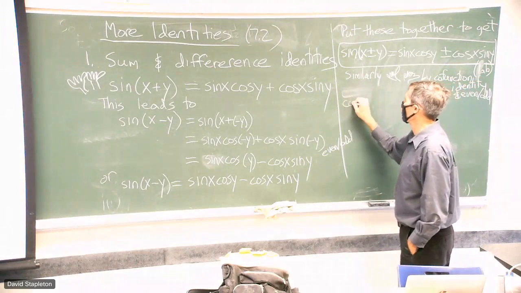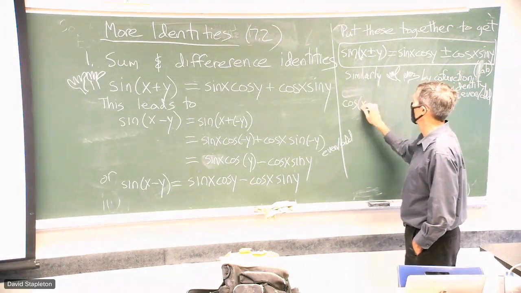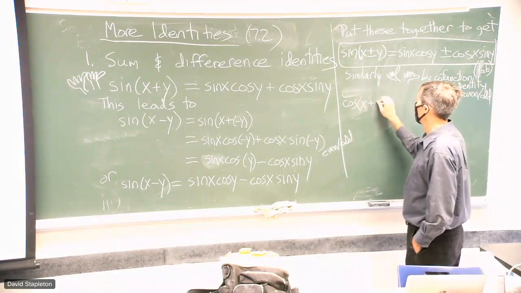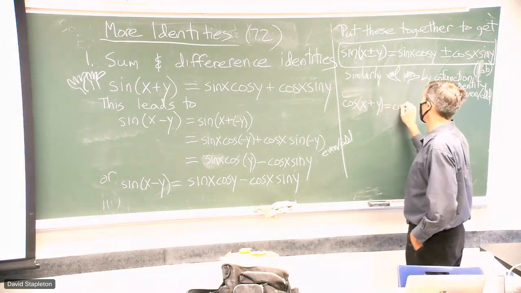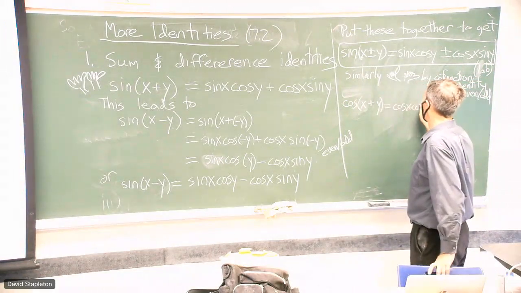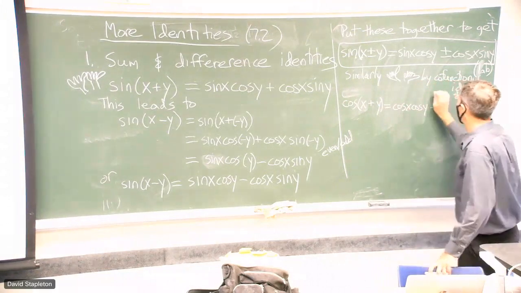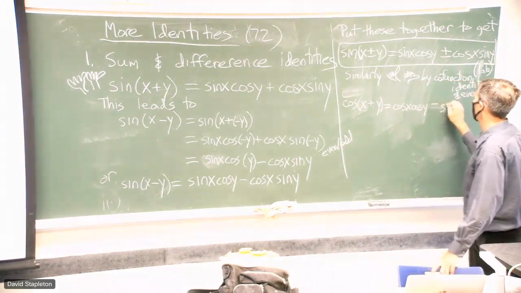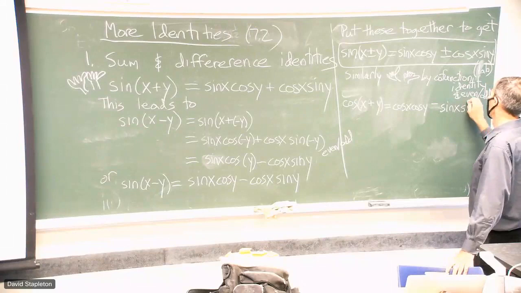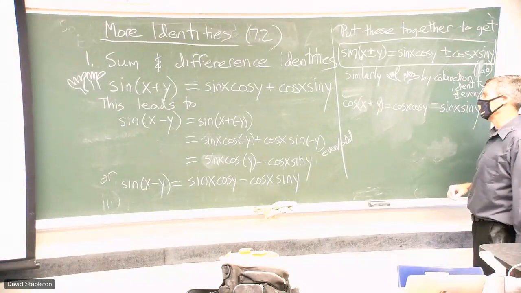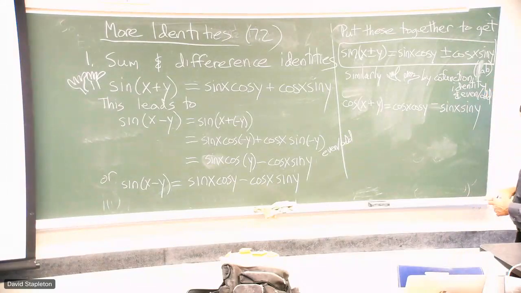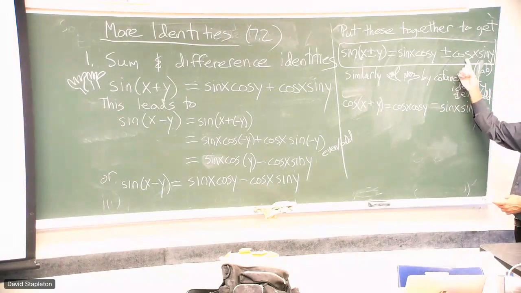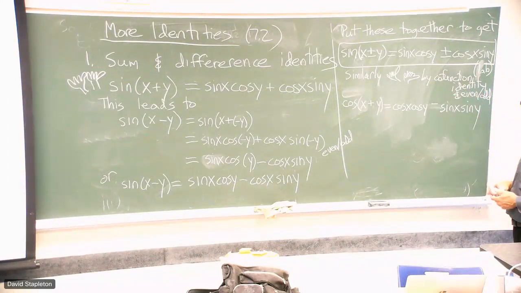You can show that the cosine of the sum of two angles is cosine cosine minus sine sine. And that's the sum of angles identity for cosine that you can derive from these two with a little bit of work.